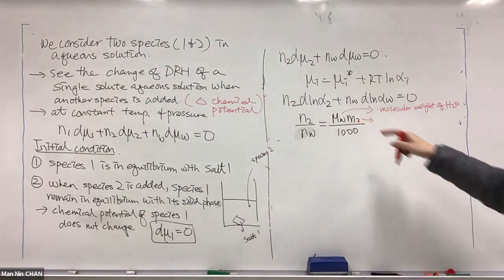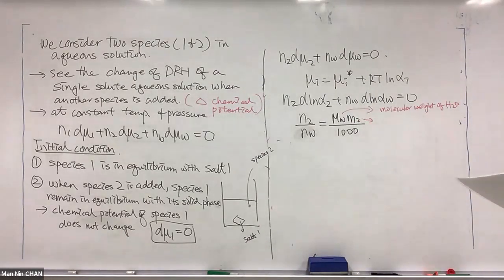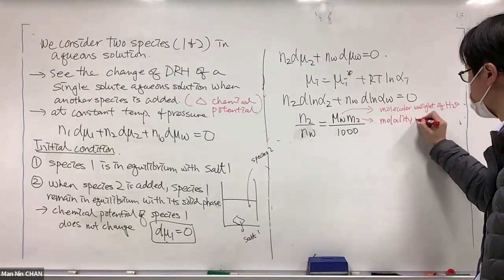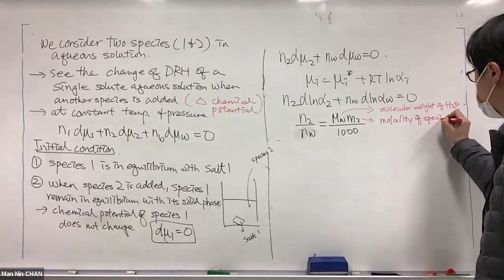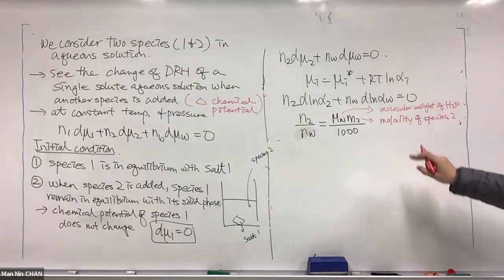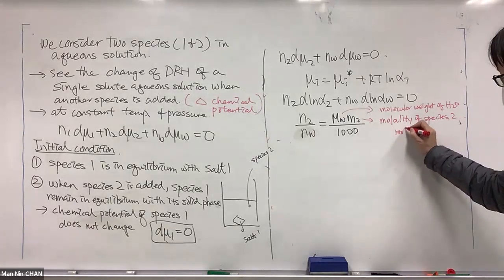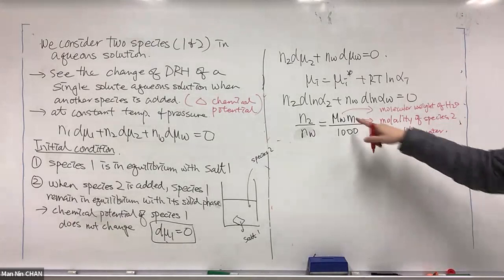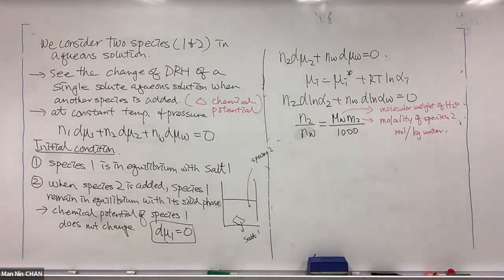So I introduce this M2, the molality of my species 2. If you remember, by definition, molality is the number of moles of species per kg water. So I just introduce this term.